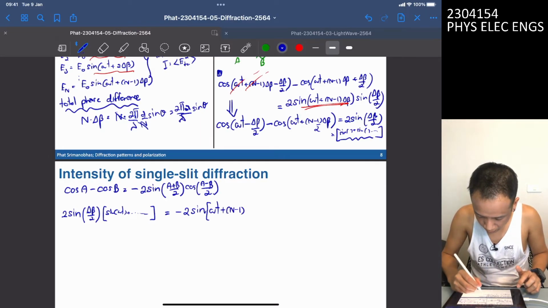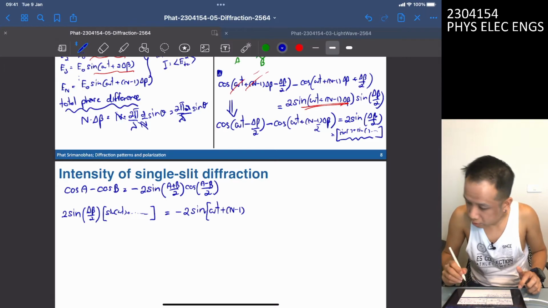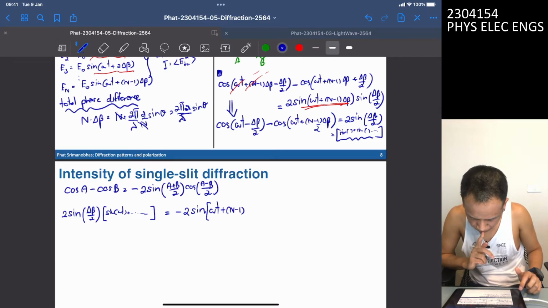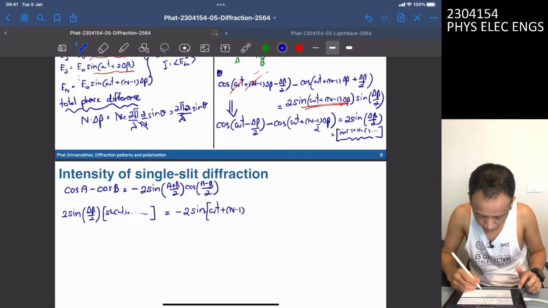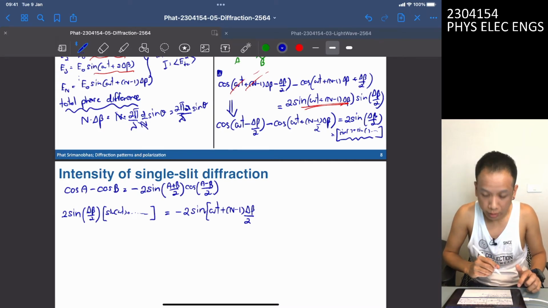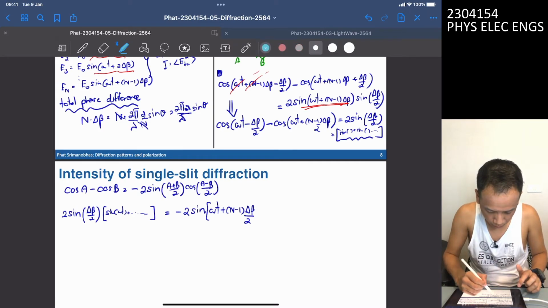Yes, that's correct, times delta beta, and then you divide it by 2, because the 2 comes from here.